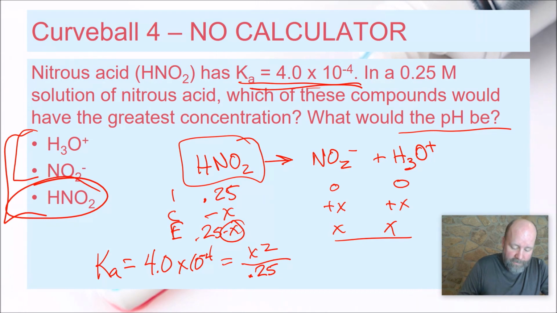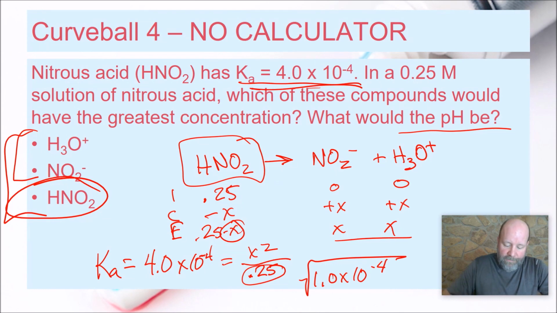Now, when you start solving this, you can see pretty quickly, I'm going to multiply both sides by 0.25. That's going to give me 1.0 times 10 to the negative fourth. Then I have to take the square root of that to get my x. And that's easy to do. All you have to do is make that a 2. So it's basically 0.01, right? 1 times 10 to the negative second.